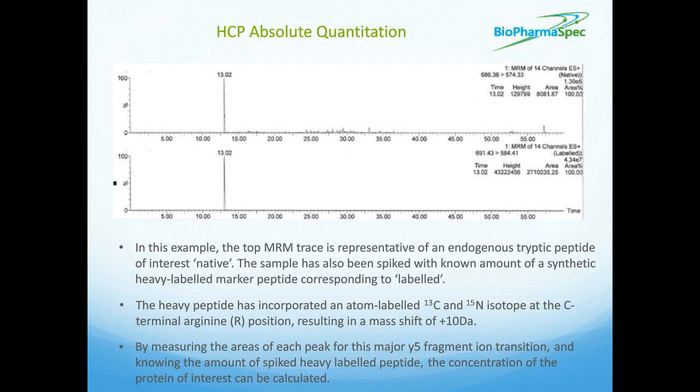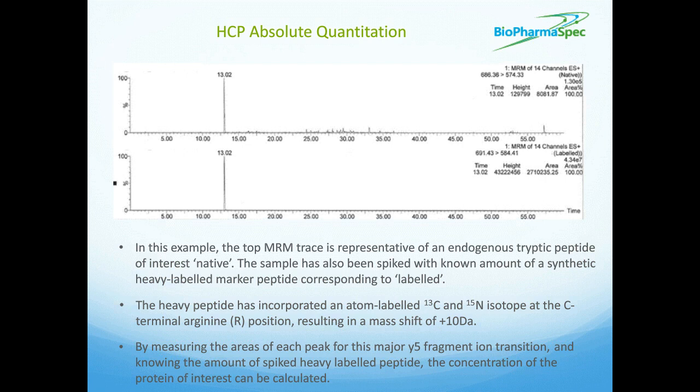Commonly, stable isotope-labeled peptides contain amino acids with carbon-13 or nitrogen-15 to generate a predefined mass shift, in this case plus 10 Daltons. You'll note, though, that the precursor ion shift between traces is plus 5 and not plus 10 Daltons, and that's because we measure mass over charge, and these are doubly charged signals.